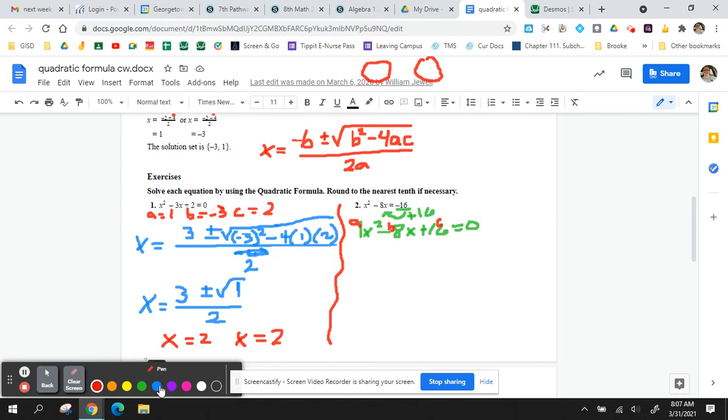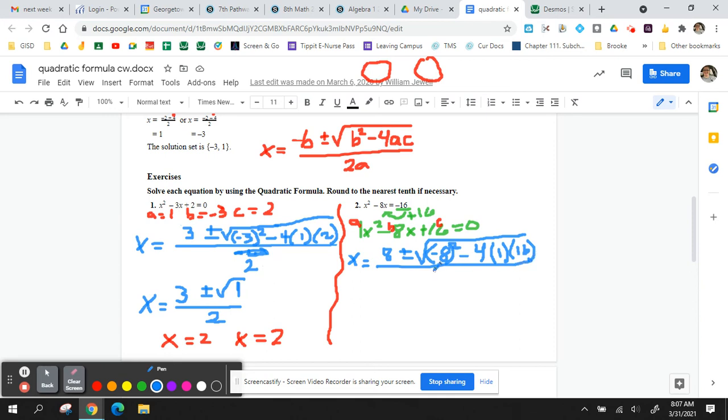Let's plug in. So x equals a negative 8 is a positive 8 plus or minus the square root. We have negative 8 squared because that's b squared. Minus 4. A is 1. C is 16.